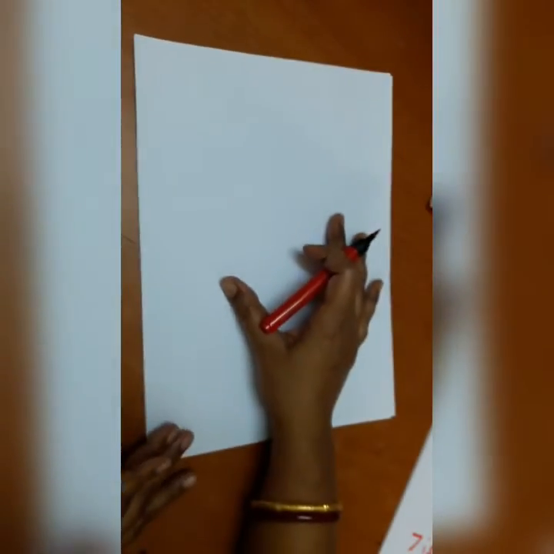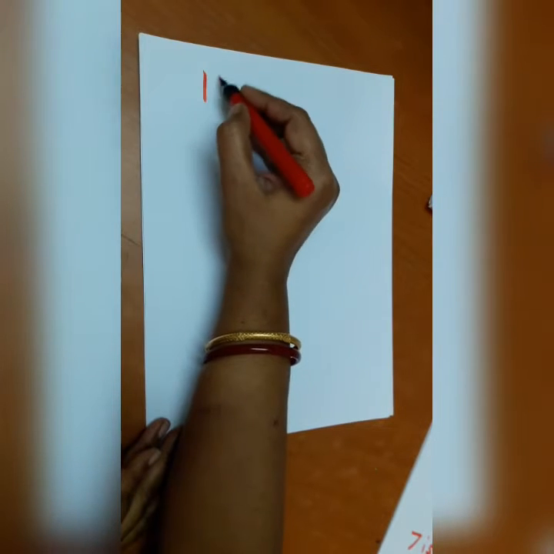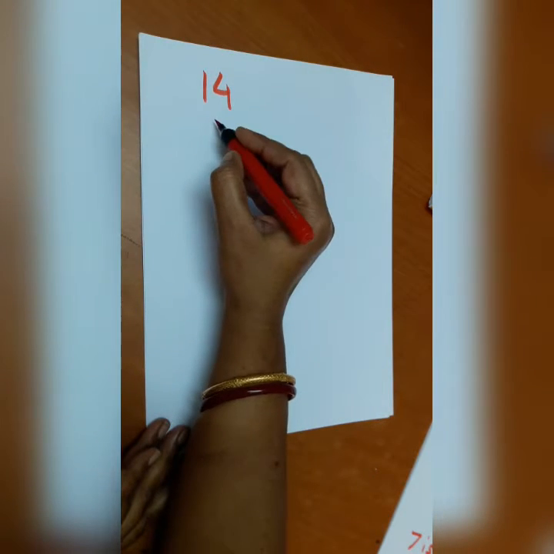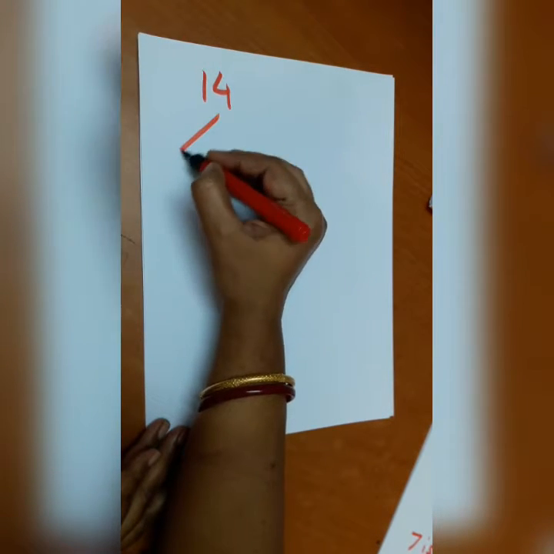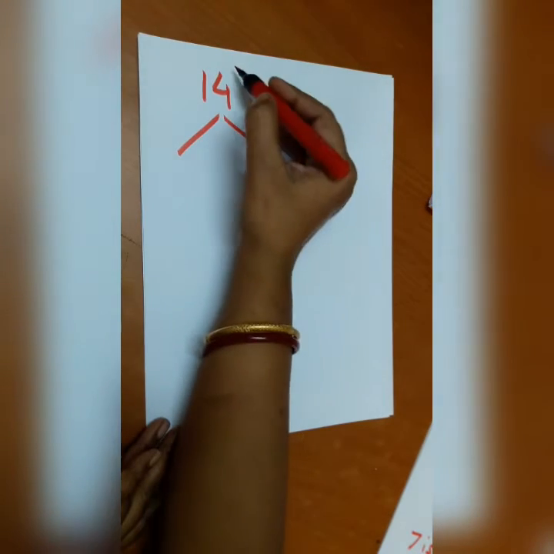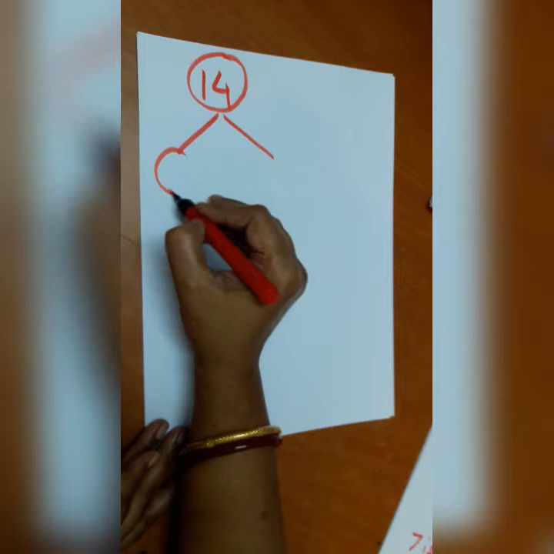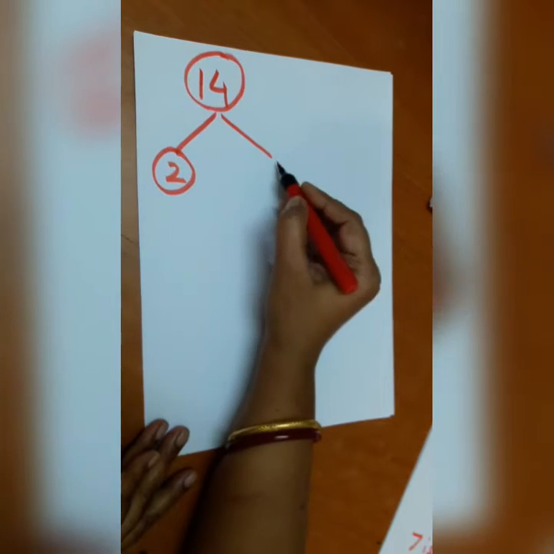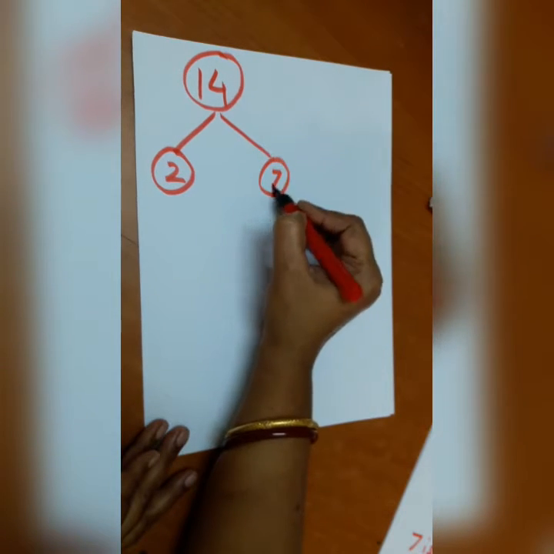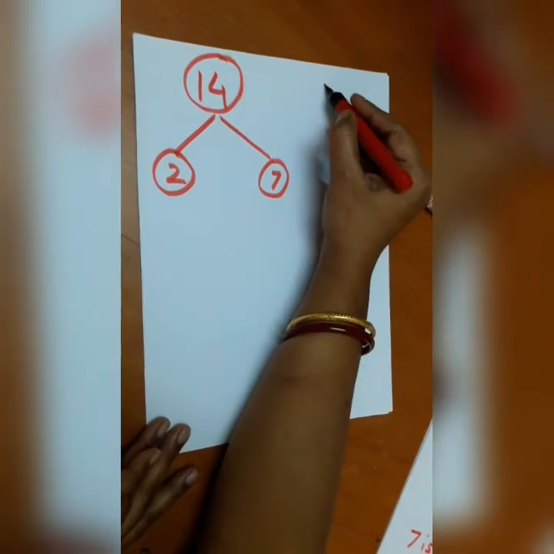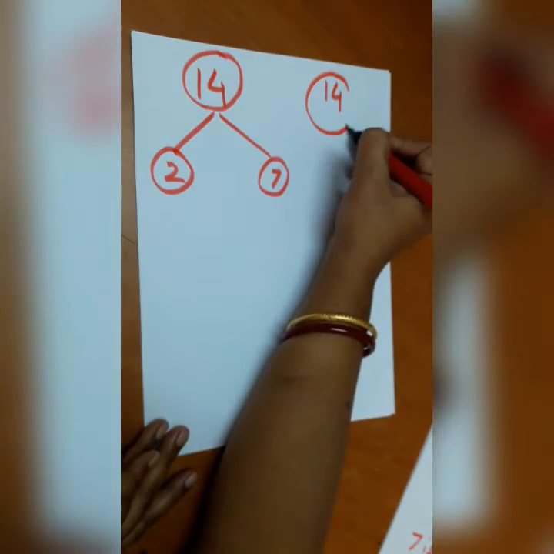So we have this number 14, and we can make a factor tree actually like this. Suppose this is the number and we call this a factor tree. 2 sevens are 14, and of course 14 ones are 14.